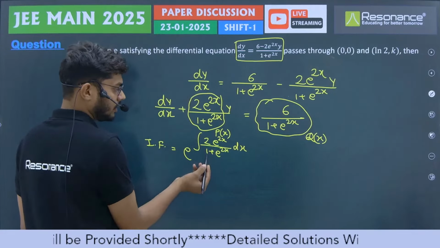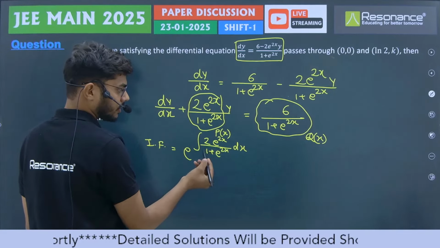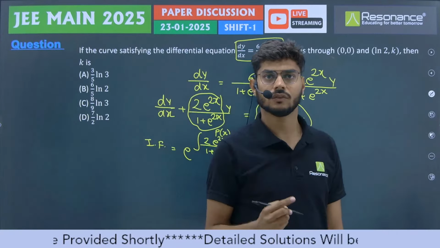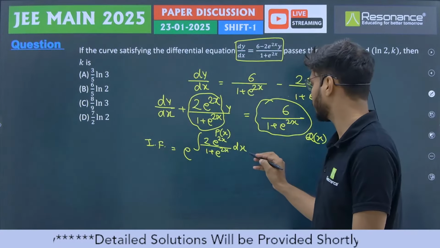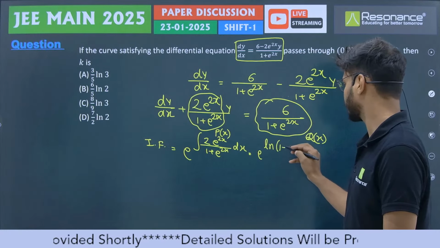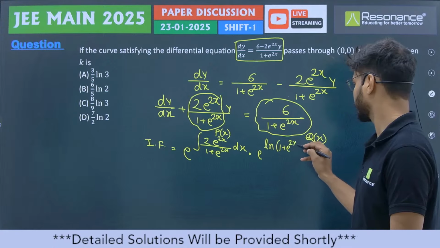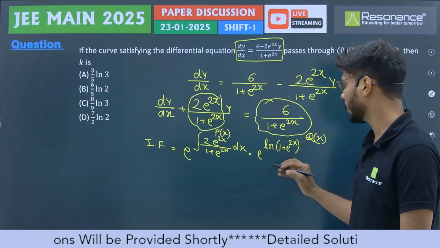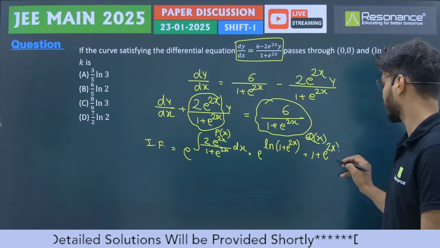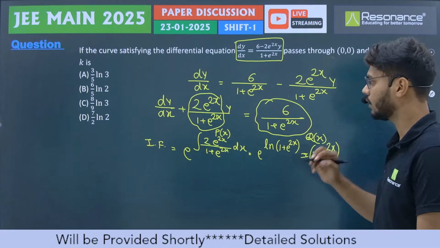Can you tell me if the denominator is f of x, what is the numerator? f dash x. What is the integration of f dash x upon f x? That is nothing but ln f x, so e to power of ln f x. What is e to power ln x? That is nothing but 1 plus e to power of 2x. So this is nothing but your integrating factor.